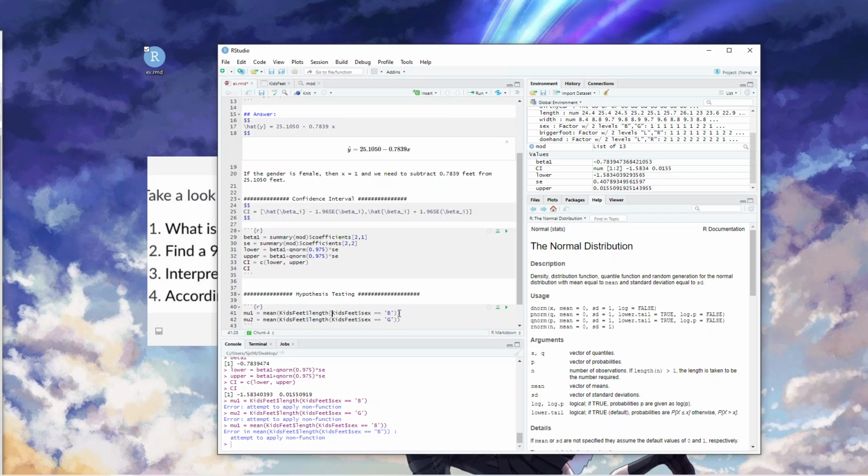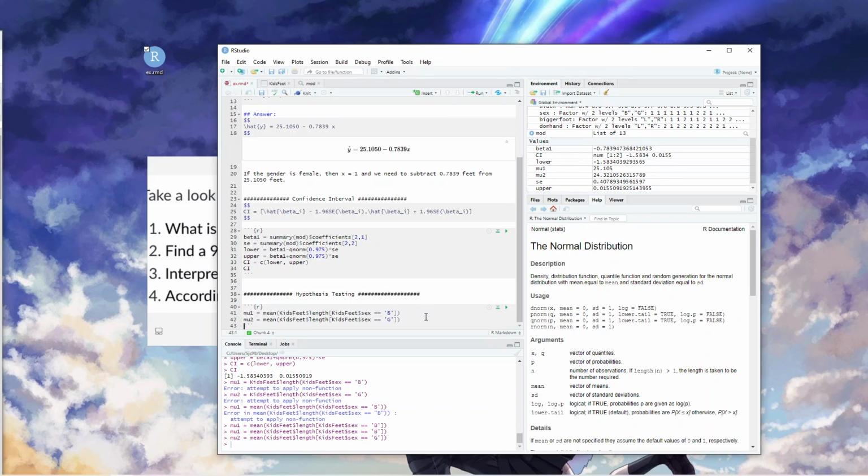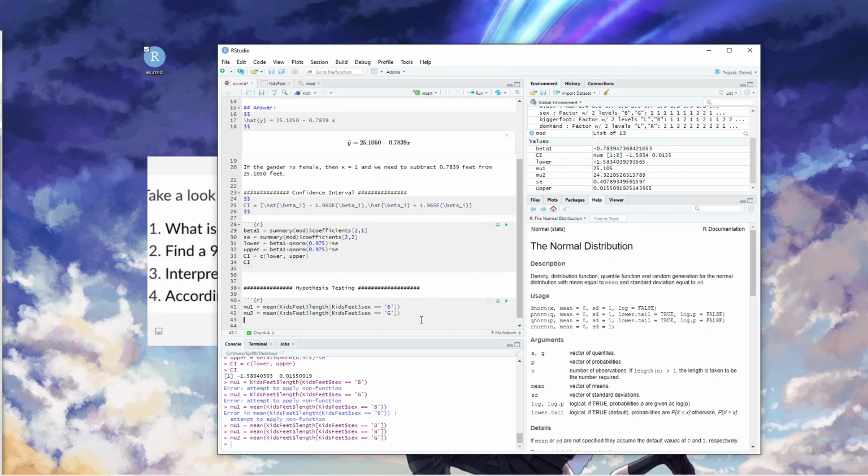Probably because I need a bracket instead of round parentheses. Okay, this works. Change to this. Okay, good.